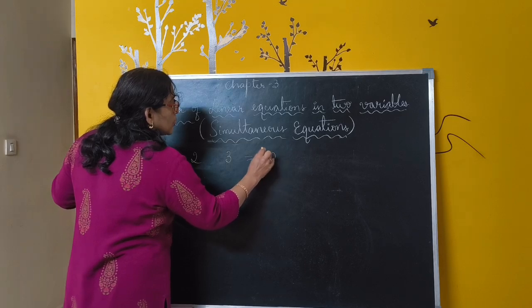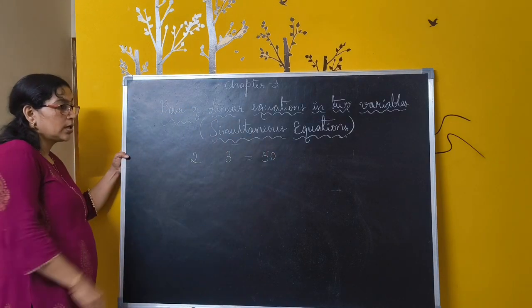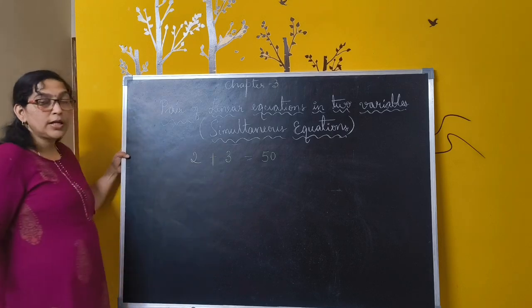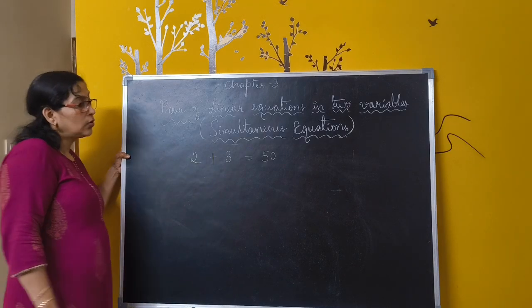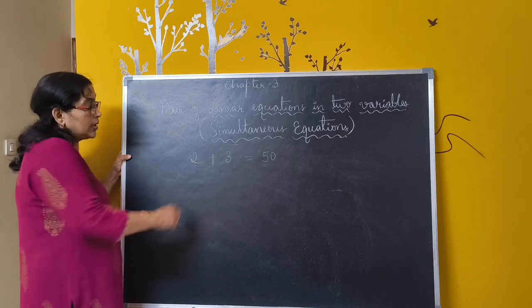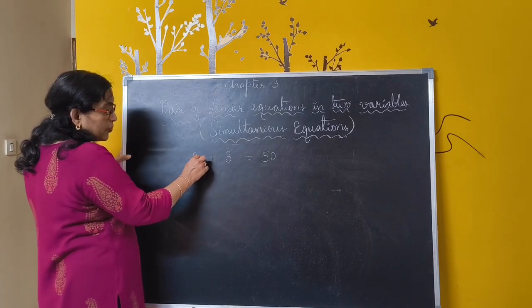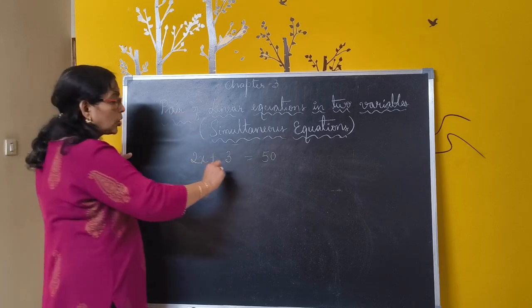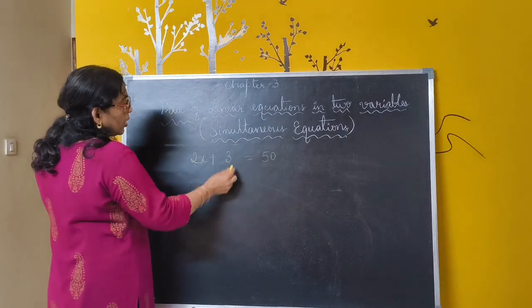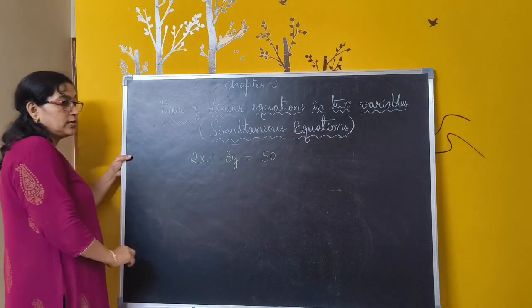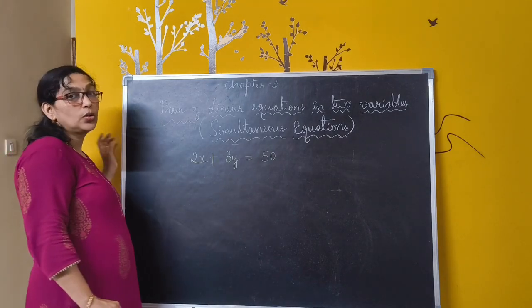So 2 chocolates plus 3 biscuit packs together cost 50 rupees. Let us take the cost of 1 chocolate as x rupees and the cost of 1 biscuit packet as y rupees. So it is 2x plus 3y is equal to 50.